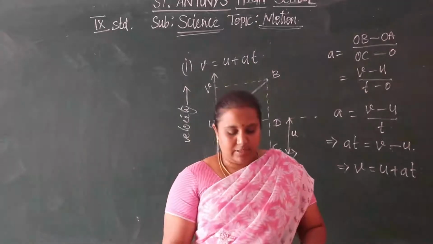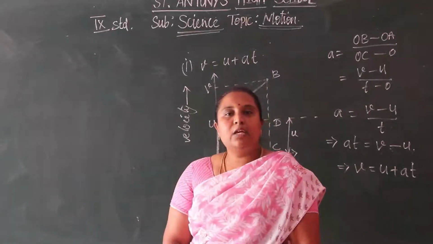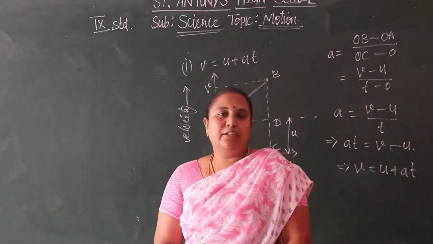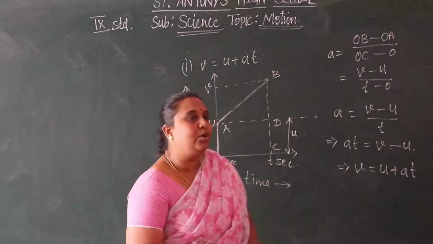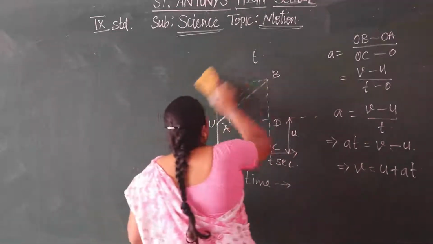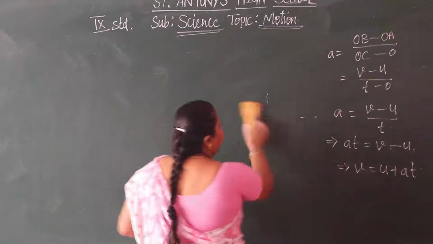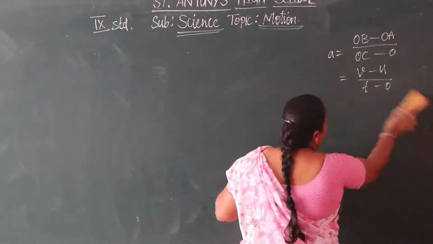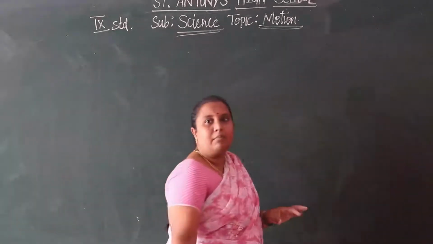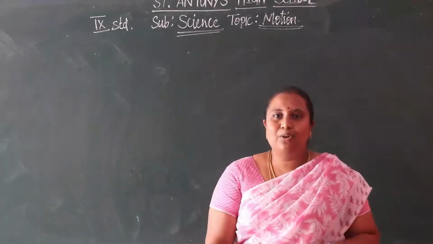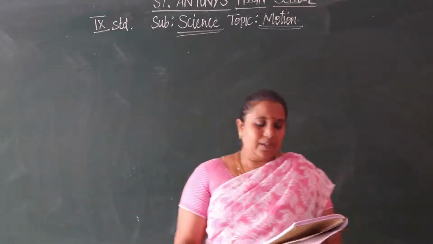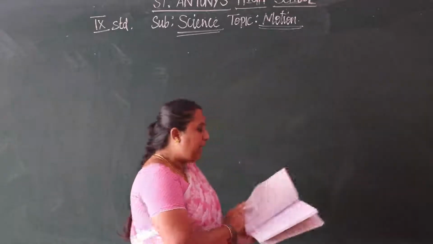Next we have the second equation, S equals ut plus half into at square. This you are familiar with now. You saw it in your 8th standard class itself. Remember that S equals ut plus half into at square.